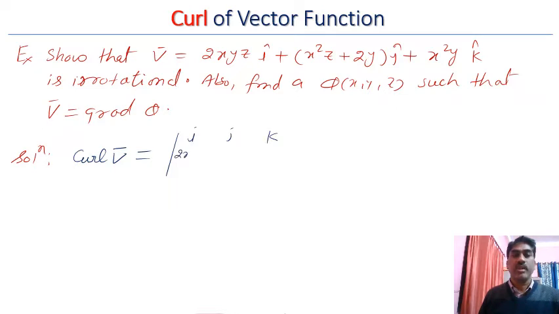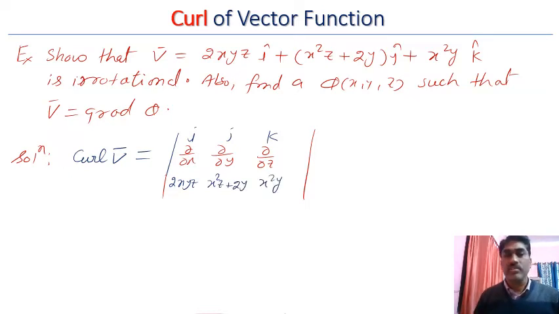Curl is, in the first row, i, j, k; this line will contain the operators, del by del x, del by del y, and del by del z; and finally in the last row we have 2xyz, x square z plus 2y, and x square y.